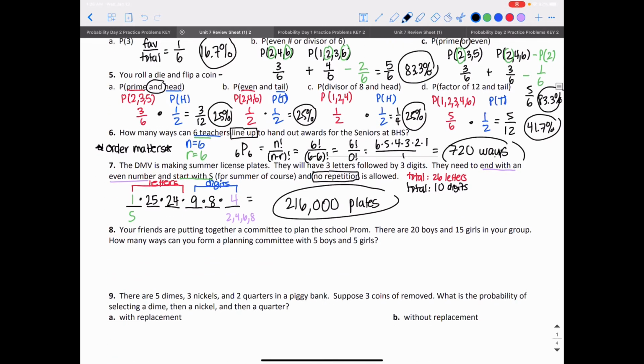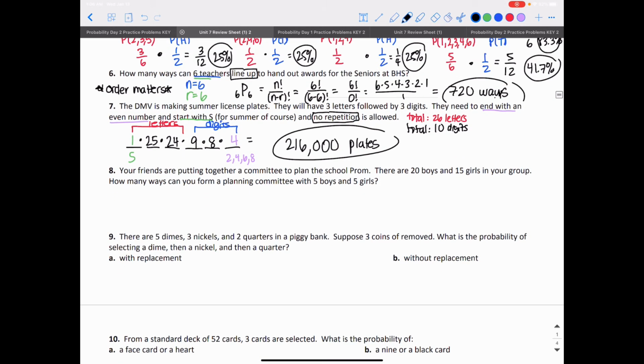All right. For 8, your friends are putting together a committee to plan the school prom. There are 20 boys and 15 girls in your group. I want to know how many ways you can form a planning committee with 5 boys and 5 girls. There are 2 separate categories here. First things first, I know this is a permutation or combination question because it's asking me how many ways, and it's not telling me, I need to calculate how many ways.